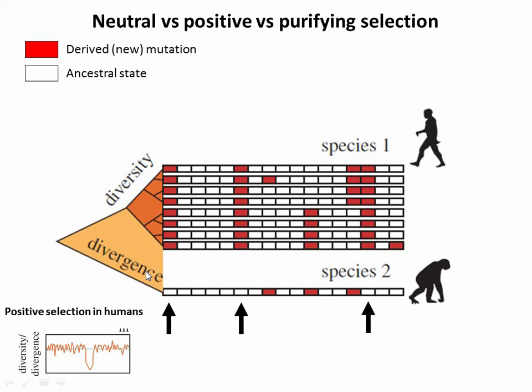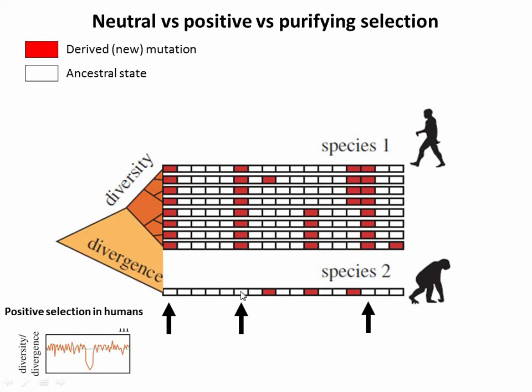That's the one that then went under positive selection. What makes us say that is that if you compare the diversity within humans, which is extremely low, with the divergence between human and chimpanzee, you see that divergence is very high.